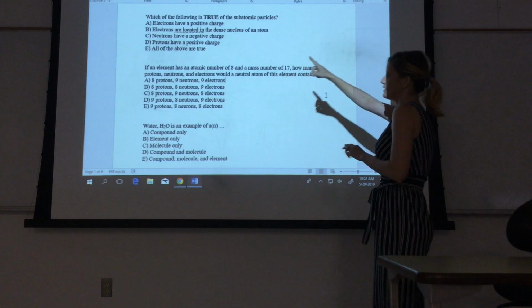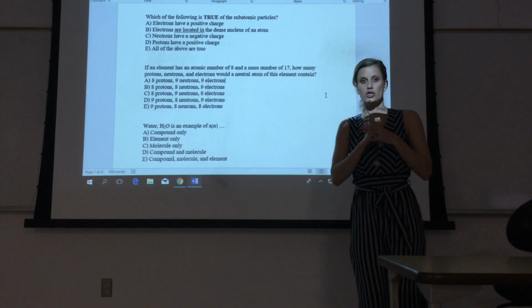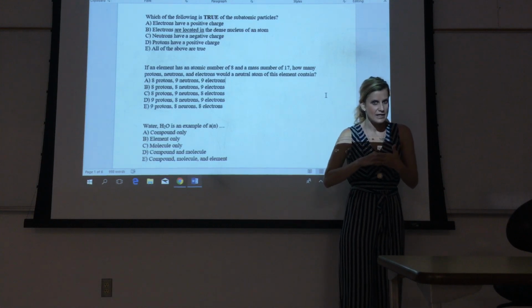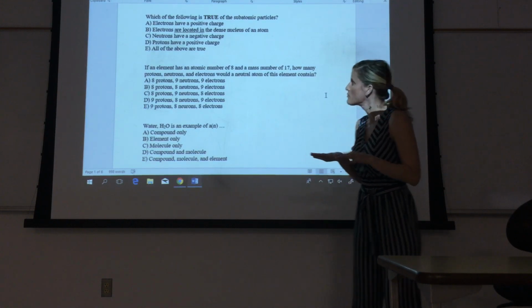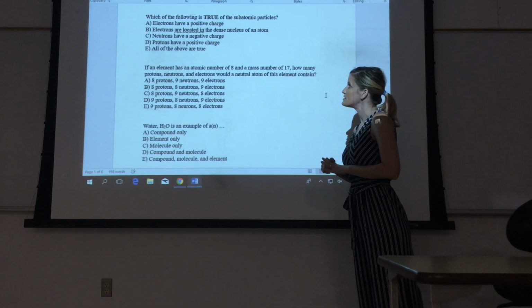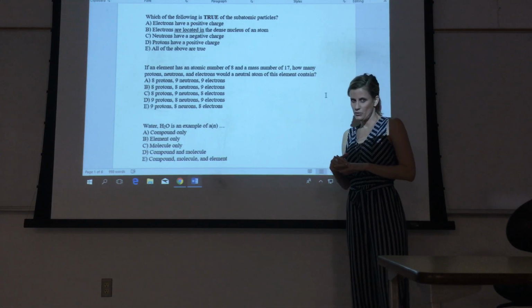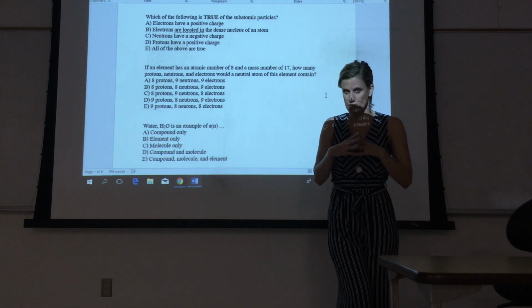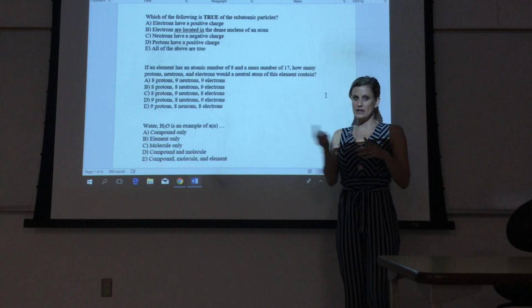Electrons have a positive charge. Electrons, remember, have a negative charge, so that's not right. Electrons are located in the dense nucleus of an atom? No. Remember, in the nucleus we have protons and neutrons. Electrons are orbiting out in the electron cloud.